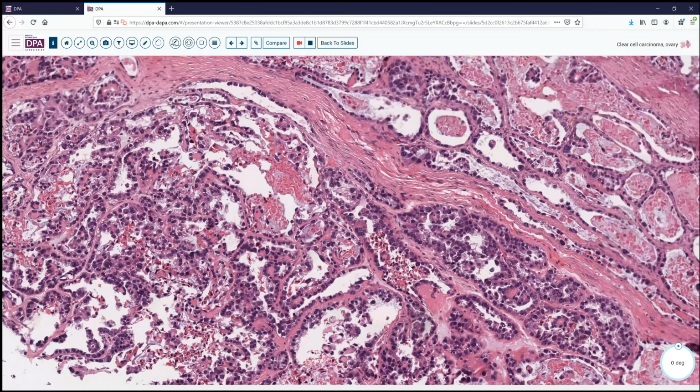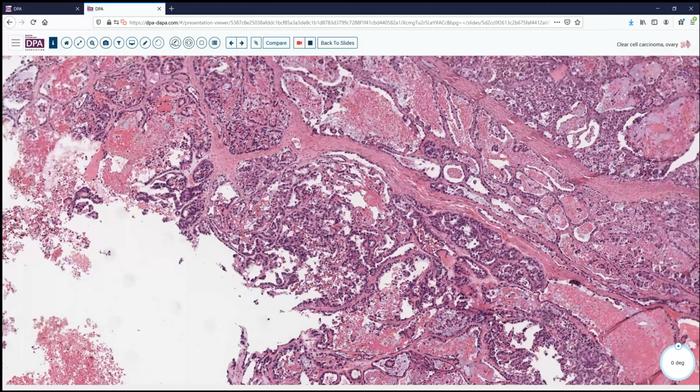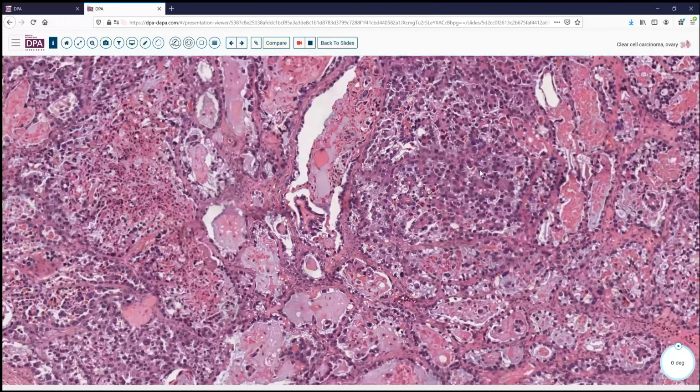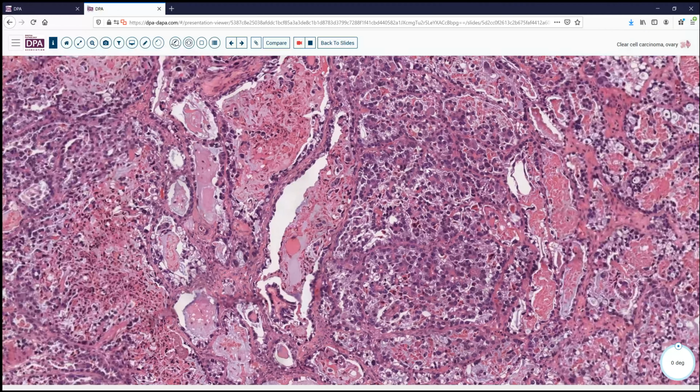We can also see more solid types, and we can see variants where the cytoplasm is not so much clear as just pale eosinophilic. Here's a little bit more complex papillary pattern, as we see here, with more cells filling the pseudoacinar type space.